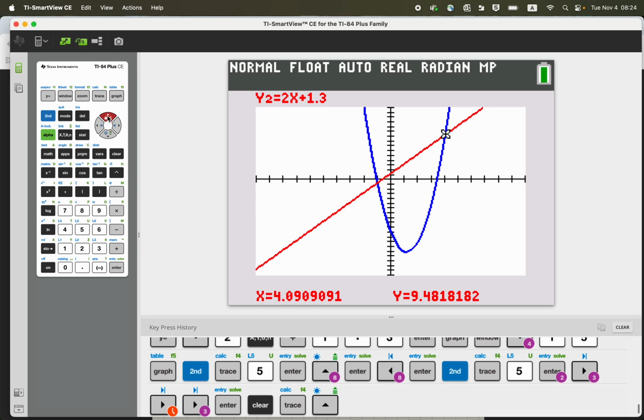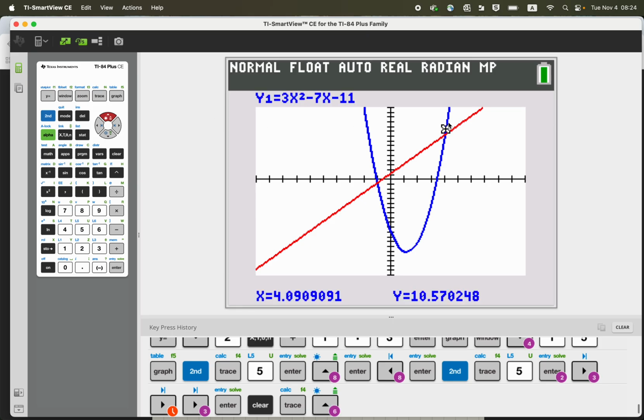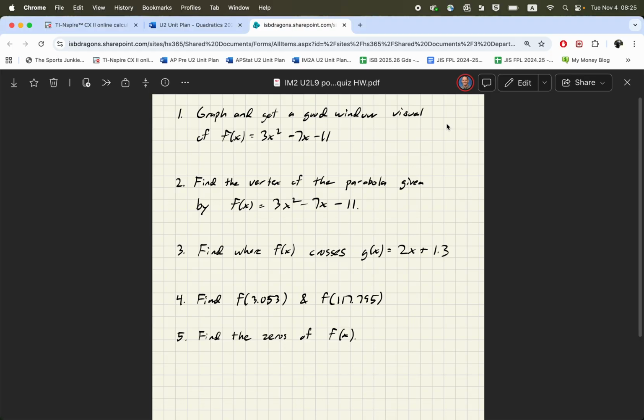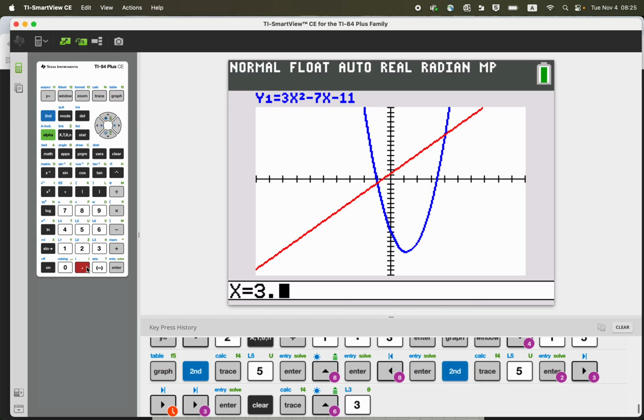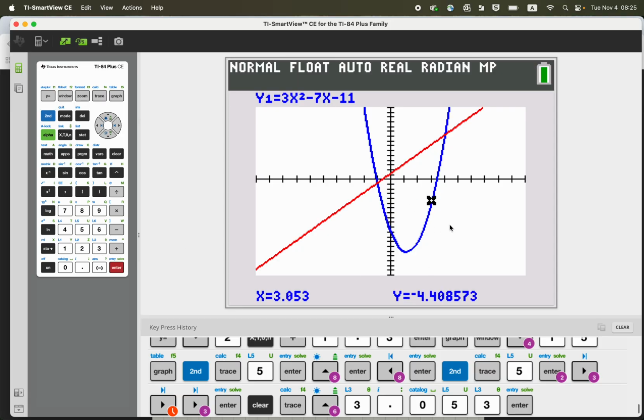If I push the up down arrow, I can change which graph I'm trying to trace, but I want a function value for blue. I want it at 3.053. Here's what I like to do: you can just put that number in. 3.053, and when you push enter, there it is. There's the x value and there's the function value, super fast.